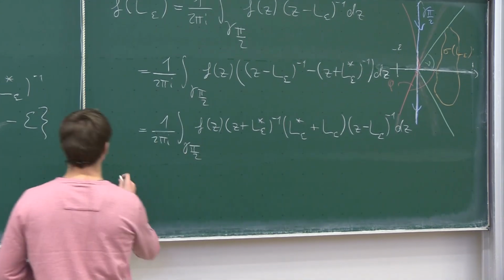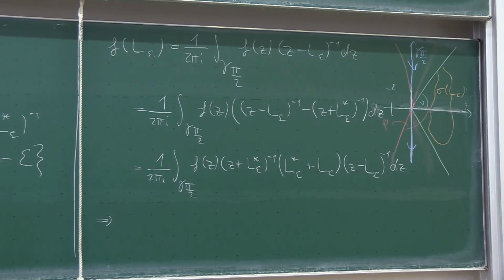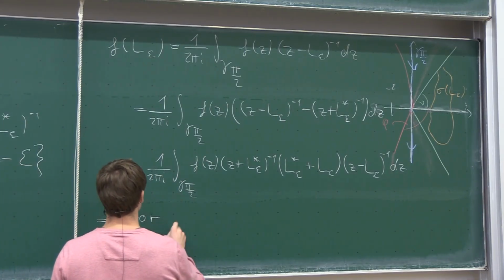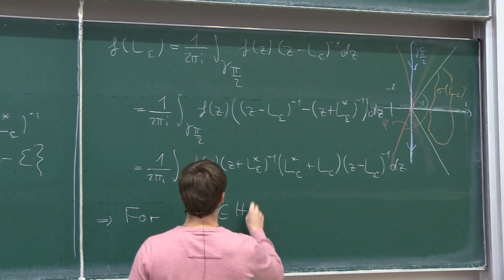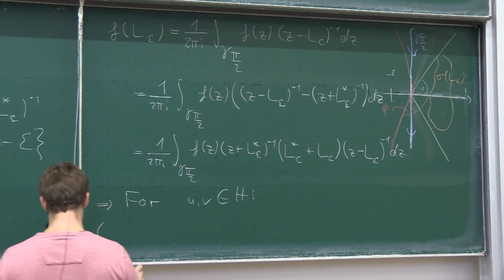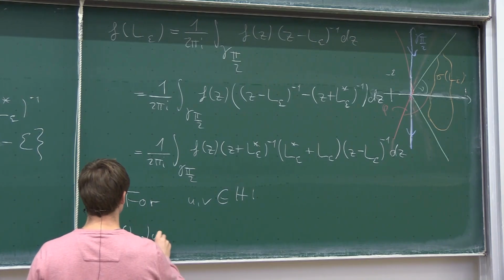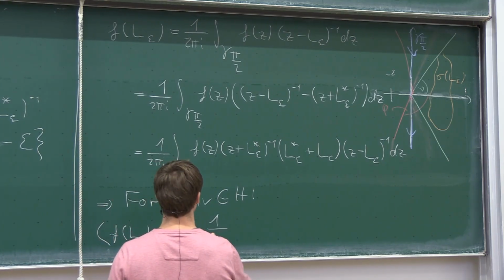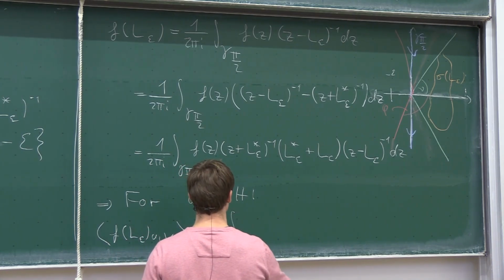And now we want to know the norm of this operator. So we start to test this operator by elements u and v in the Hilbert space H, and we get that the inner product of f of L_ε applied to u and tested with v coincides with 1 over 2πi times the path integral over the path γ_{π/2}.